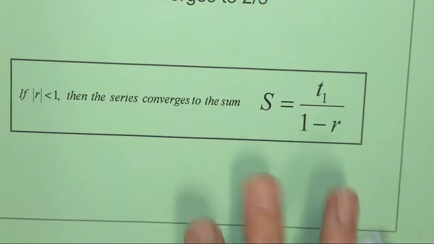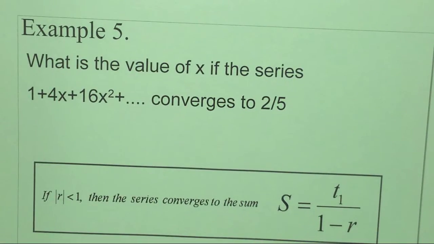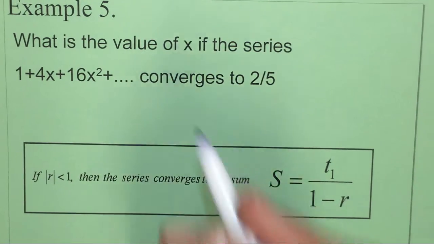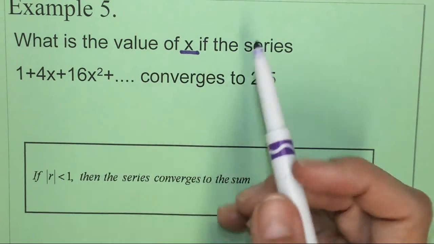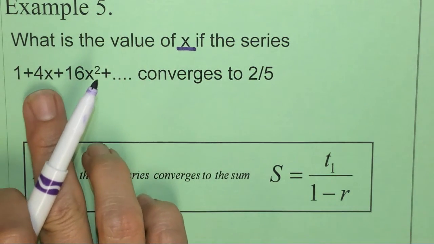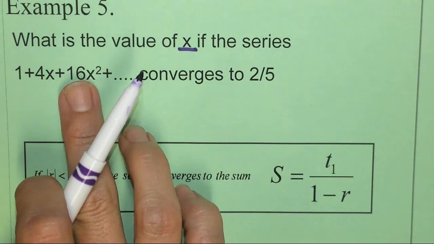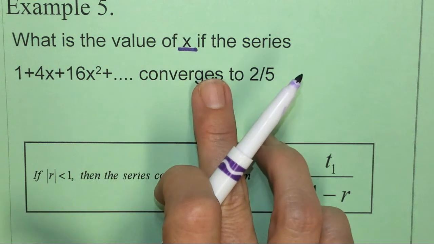So number 5 is a little different. Still not hard. It says, what is the value of x? They are asking me to solve for a variable that's not in here. No, it's not hard. And they tell you the series is 1, 4x, 16x squared, and they're telling you it converges.